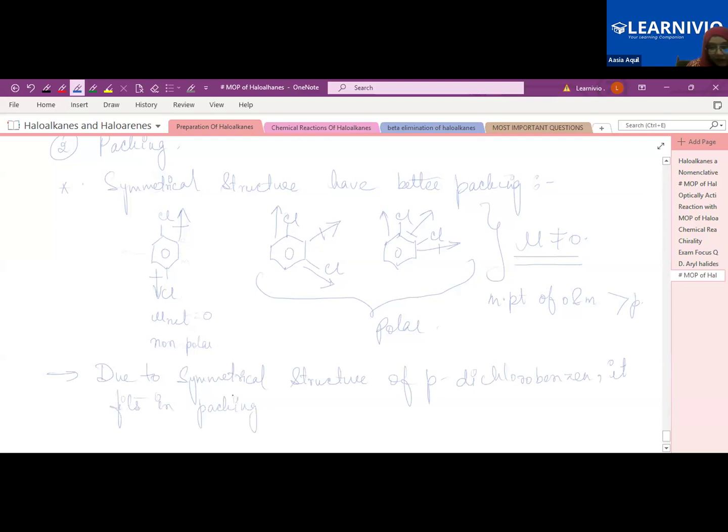Okay, so, solid packing, crystal packing. So due to the symmetrical structure of para dichlorobenzene, it fits in the packing efficiently, and hence the melting point is lower.